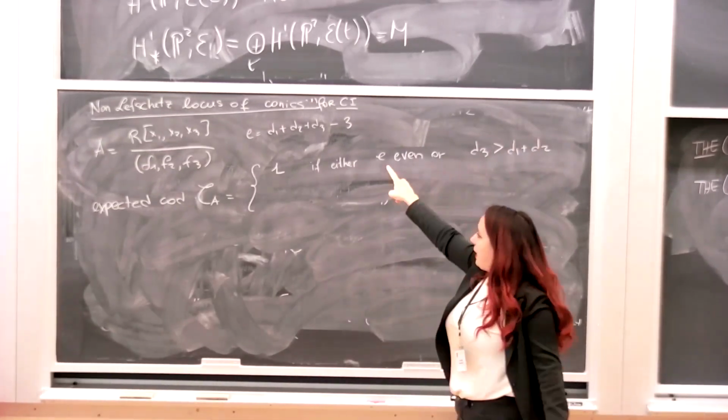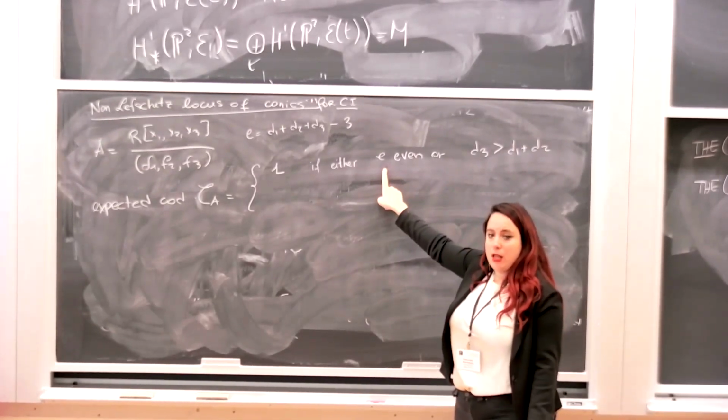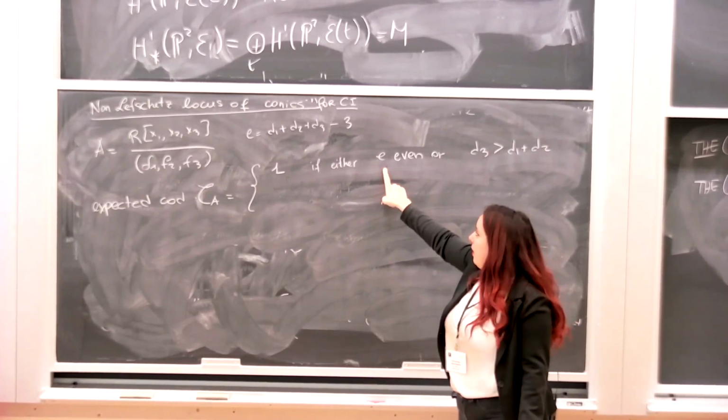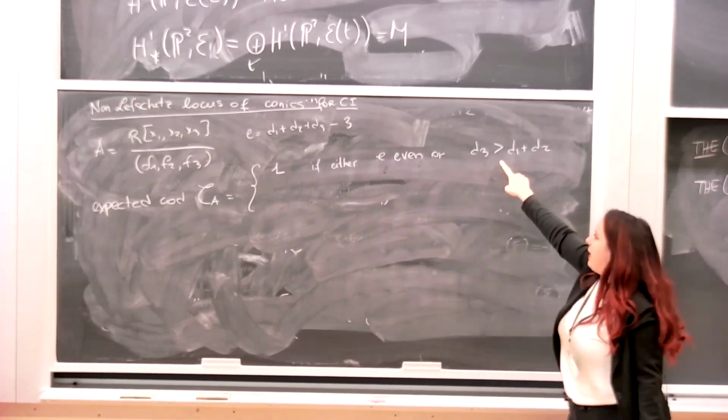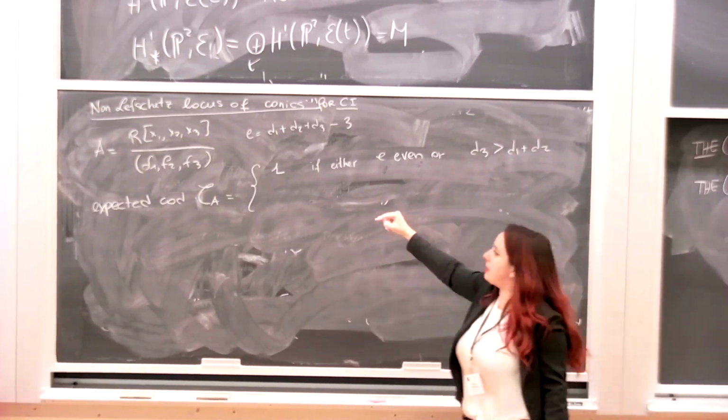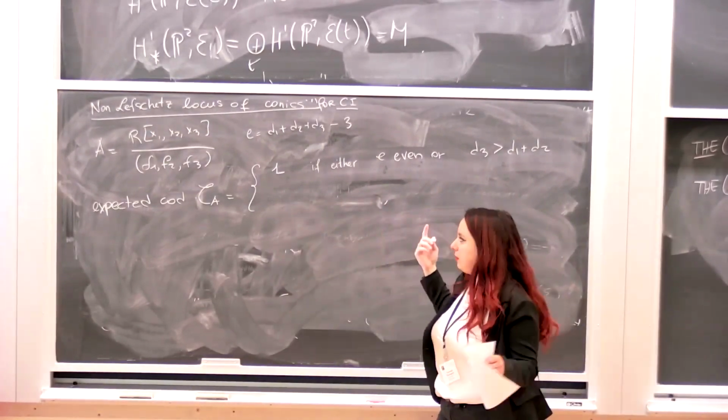This corresponds to the case where the vector bundle has odd Chern class, or the case where the vector bundle is unstable. And in this case, we know that it's a hypersurface. We don't need any other hypothesis.